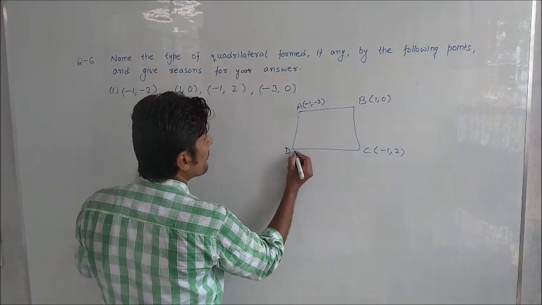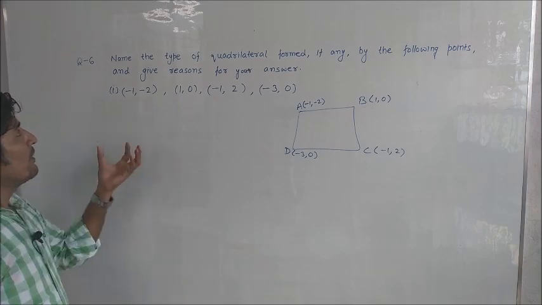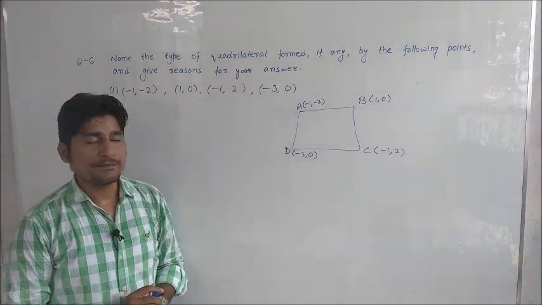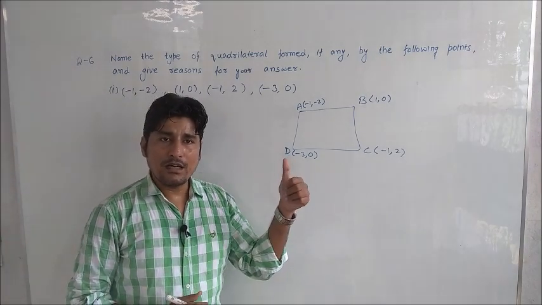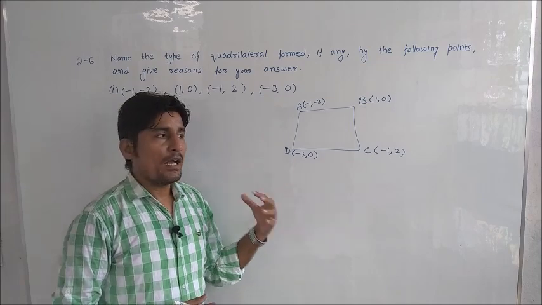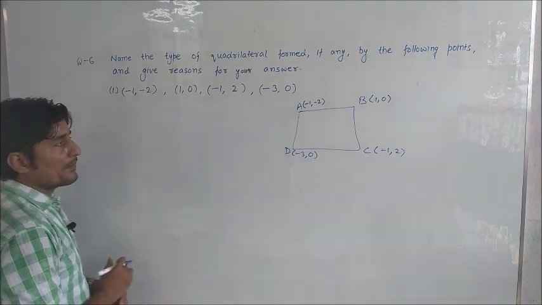Coordinate of D is -3 and 0. Now we have to name the type of quadrilateral. As we know, there are different types of quadrilateral like square, rectangle, parallelogram, rhombus, trapezium and so on. So we have to find out which type it is.